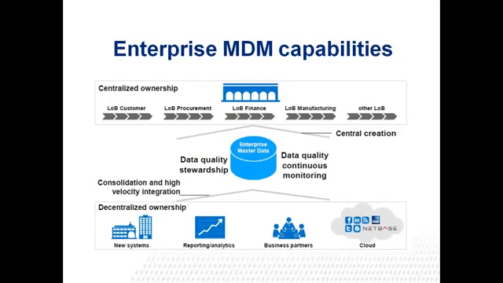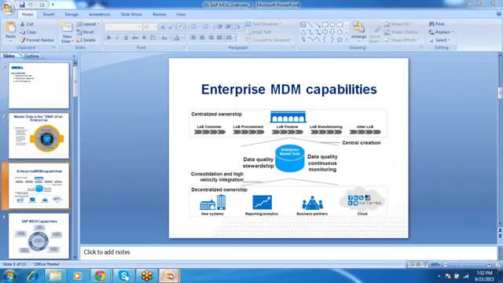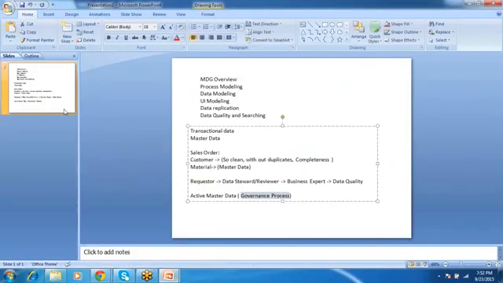It would be very difficult to manage the data, and accuracy also would not be there. For that reason, it is a disadvantage to have decentralized ownership. But in centralized ownership, we have proper integration between the modules, and we don't have master data management processes. For that reason, we need a master data solution.